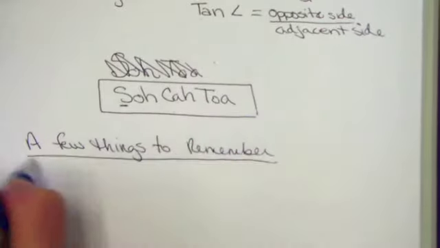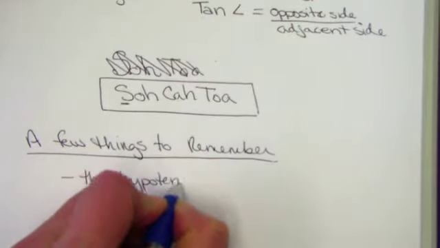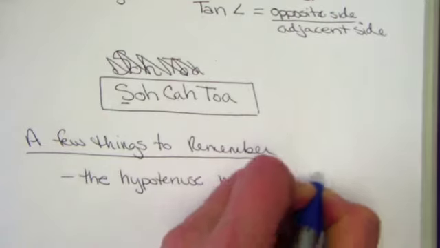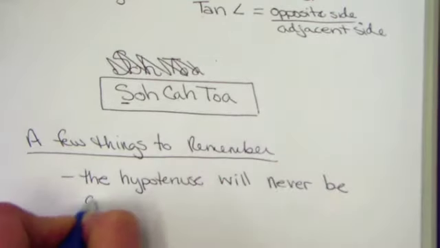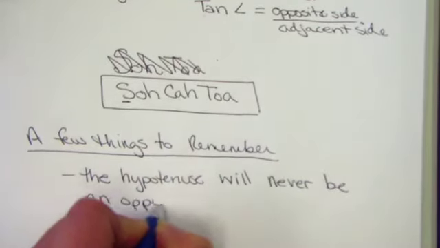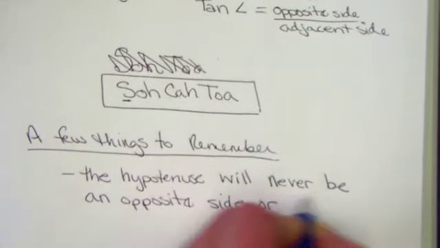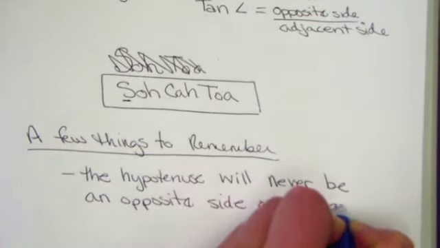Okay? Number 1, the hypotenuse will never be an opposite side or an adjacent side.